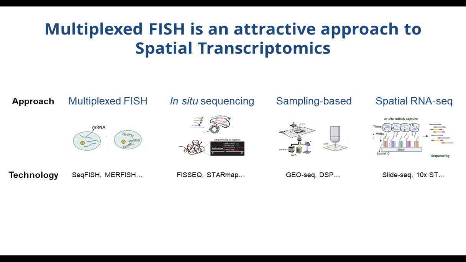FISH is a technique based on imaging. Basically, we use a lot of labeled oligoprobes, and because they are complementary to the RNA sequence in the cell, the probes will target the cells and light up the individual RNA molecules.